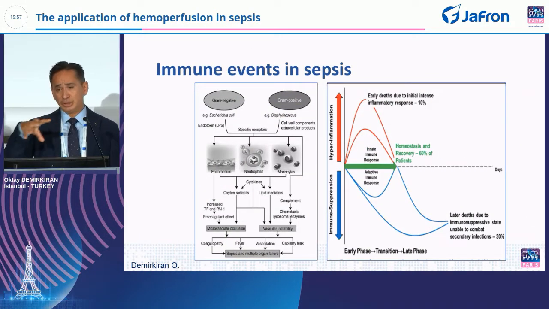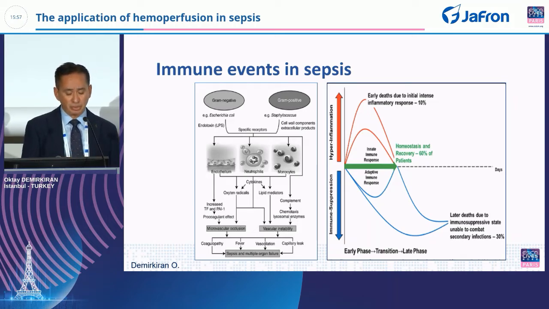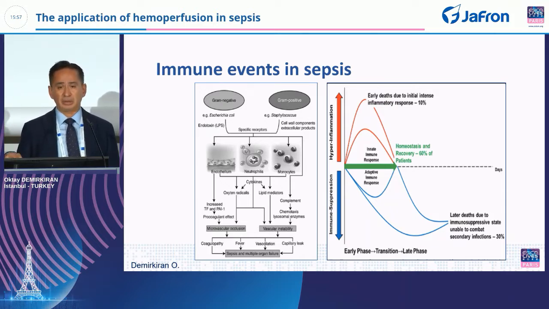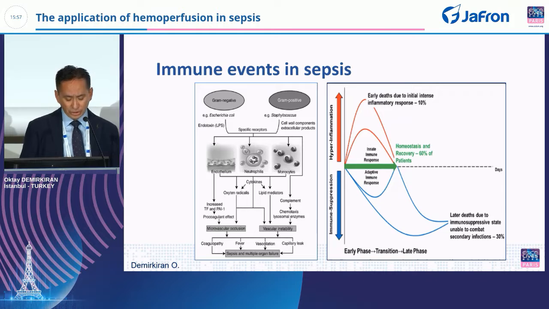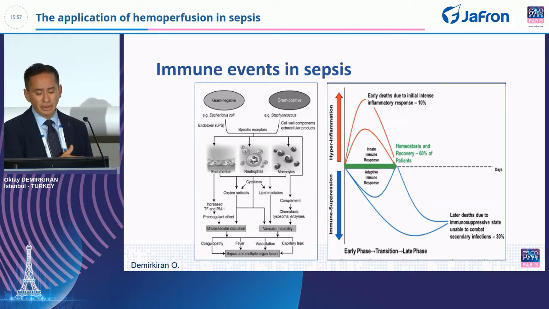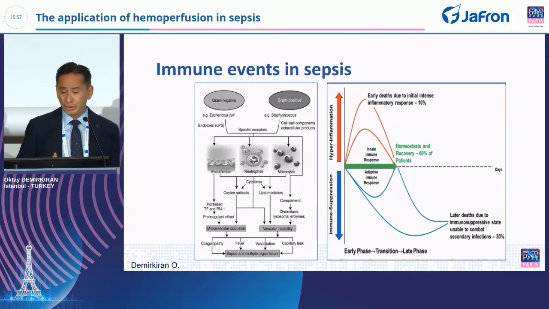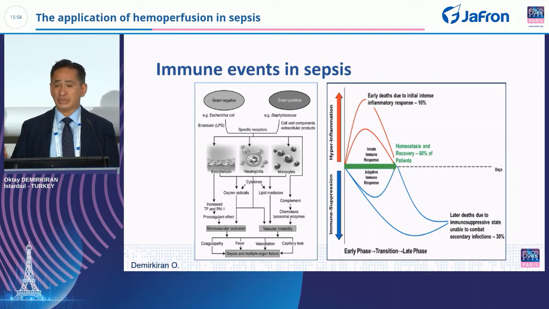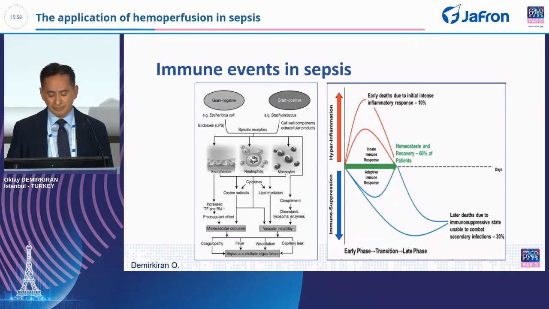If you look at the immune events in sepsis, there are also the effects of gram-negative and gram-positive bacteria, and at the end they cause microvascular occlusion and vascular instability. The end point is coagulopathy, fever, vasodilation, and capillary leakage, and it causes sepsis and multiple organ failure.